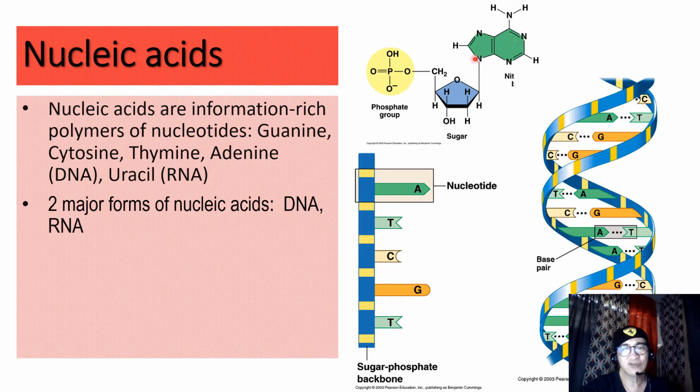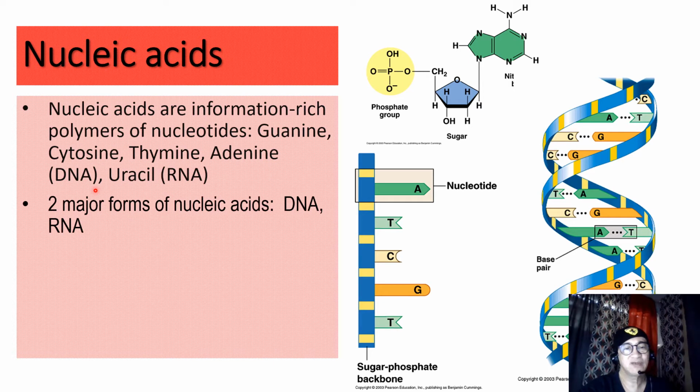And the nitrogenous base projects perpendicular to the sugar phosphate backbone. The nitrogenous bases come in two forms, pyrimidines and purines. The pyrimidines include cytosine, thymine, and uracil, whereas the purines include guanine and adenine.